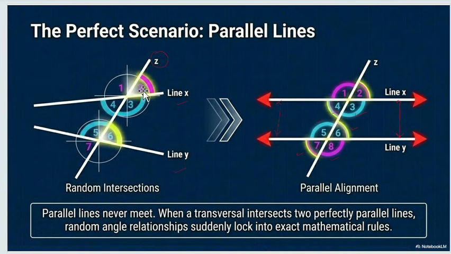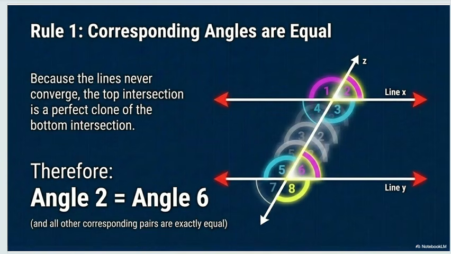So when a transversal line intersects, they form a total of 8 angles. Okay, good. There are some rules, like we have studied about the corresponding angle, alternate interior angle, alternate exterior angle, same side angle. So what is the relation when the lines become parallel? We will see here.